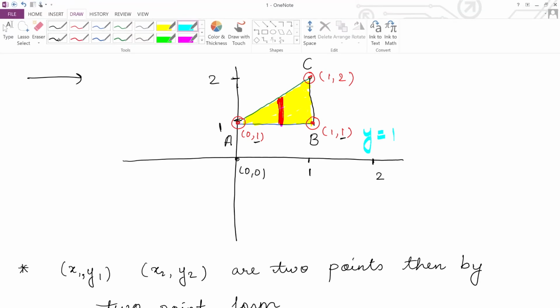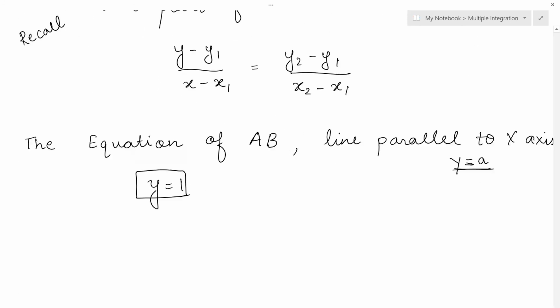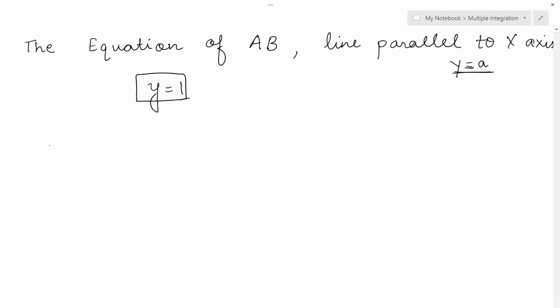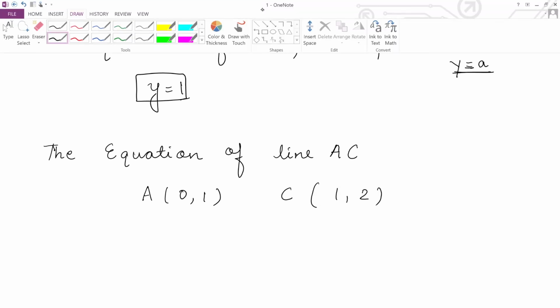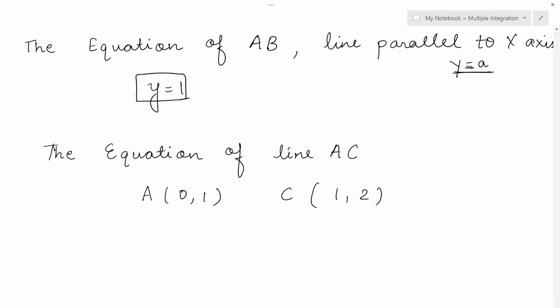Now let us find the equation of the line AC. That we'll do by the two-point form. Suppose the equation of line AC. A is given in the question, it is (0, 1), and C is given, it is (1, 2). I will consider these as my (x1, y1) and this as my (x2, y2).